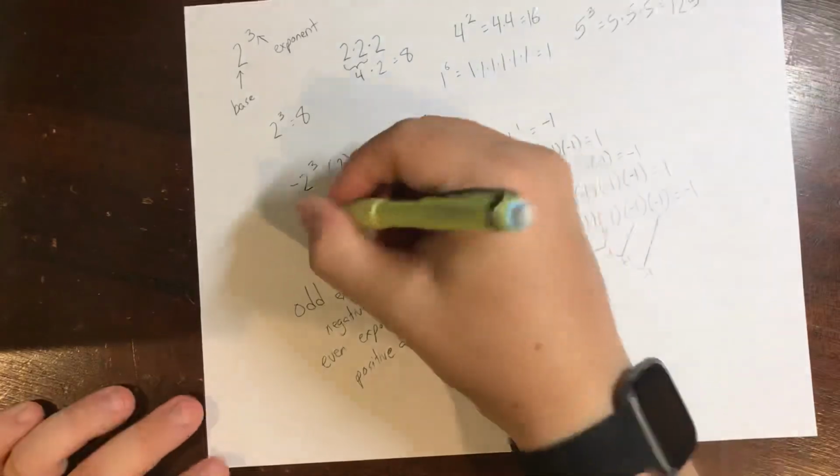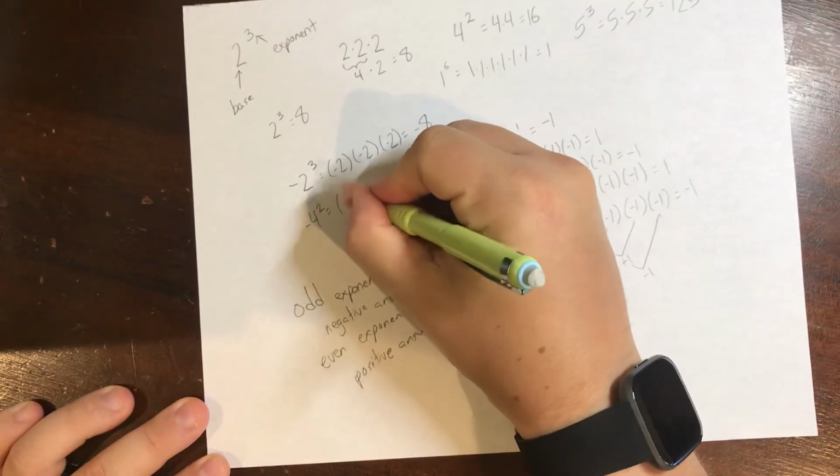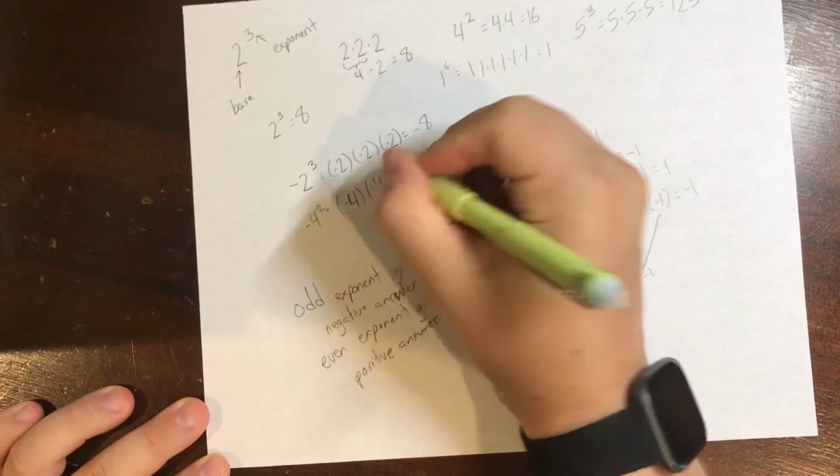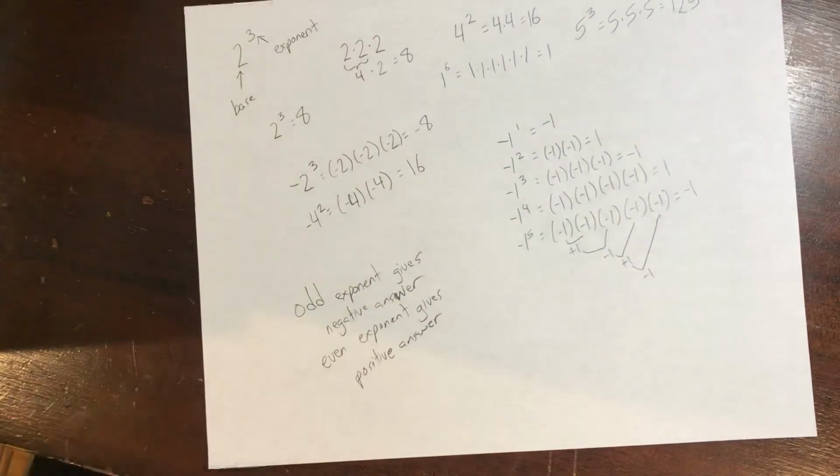And then let's look at -4 squared. -4 times -4. Negative times negative gives us positive, so that's +16. So that's our basics on exponents and how we deal with a negative base.